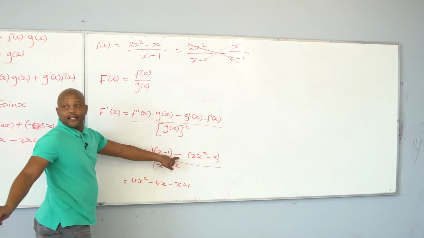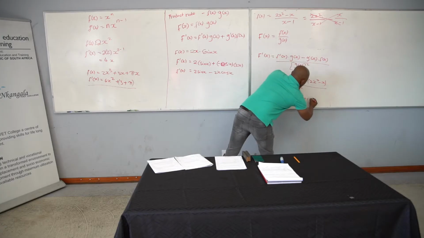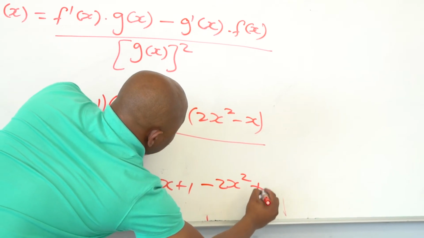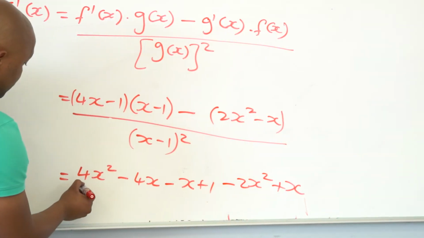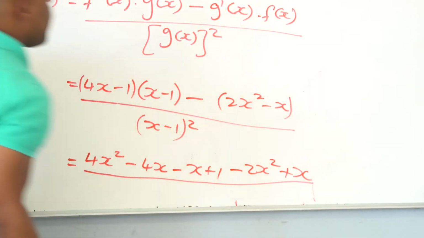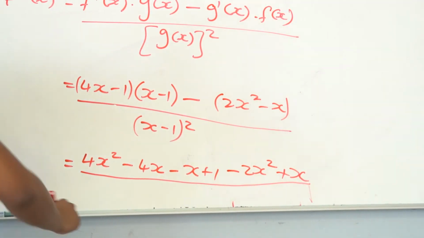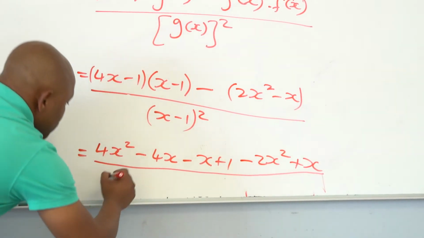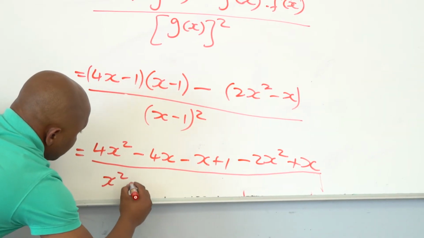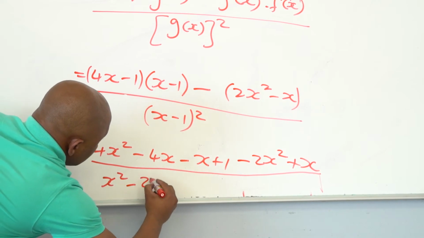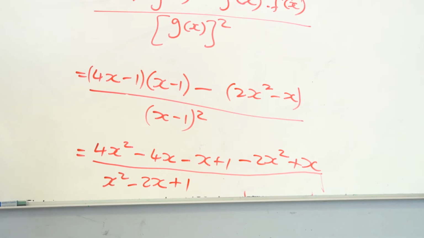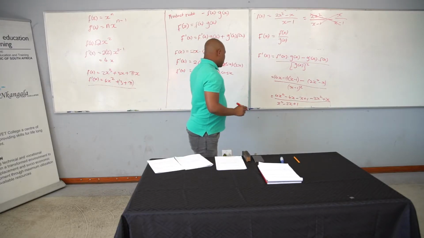And then you multiply the negative inside the bracket. This becomes minus 2x squared plus x, and then everything divided by the square of x minus 1, multiplied out. So it's going to give us x squared minus 2x plus 1. Makes sense? Okay, sharp.